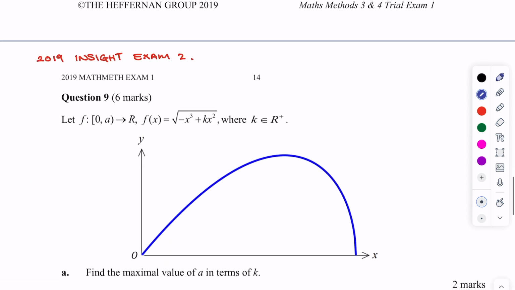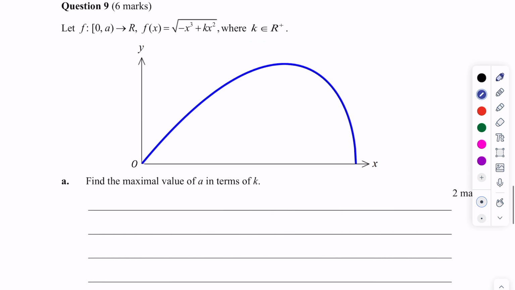Okay, so going to our next question, we're looking at the 2019 Insight exam. And what we have here is some function f, and the domain is 0 to a, all real numbers. f(x) equals the square root of negative x cubed plus kx squared, where k belongs to all positive real values.